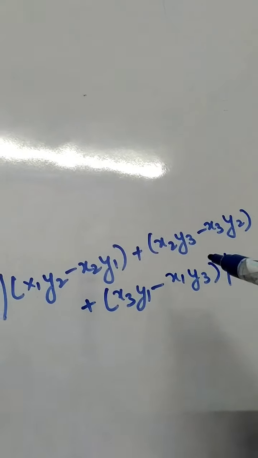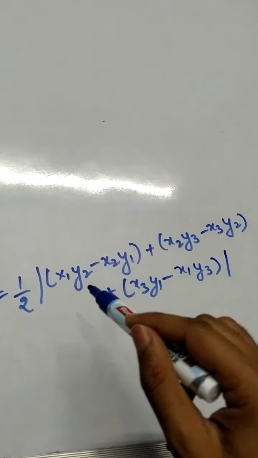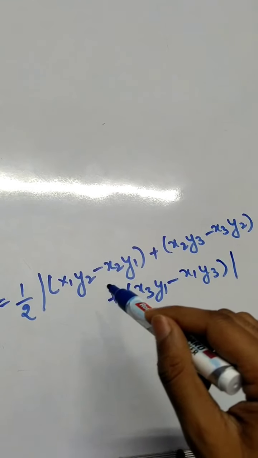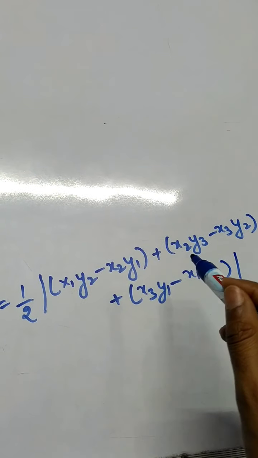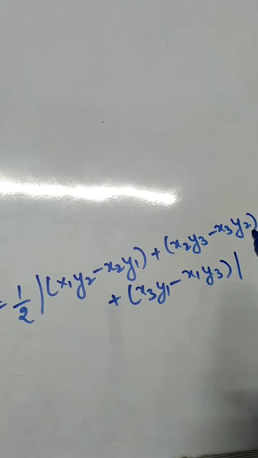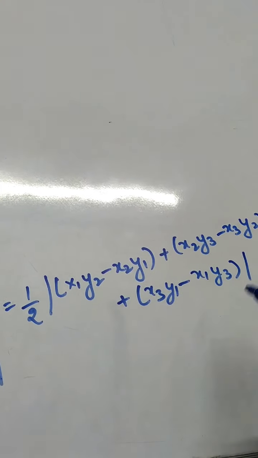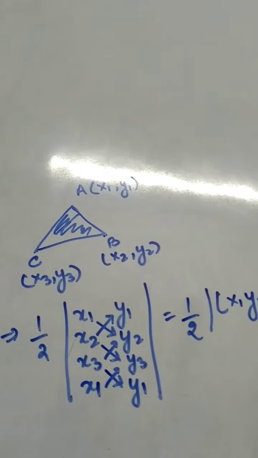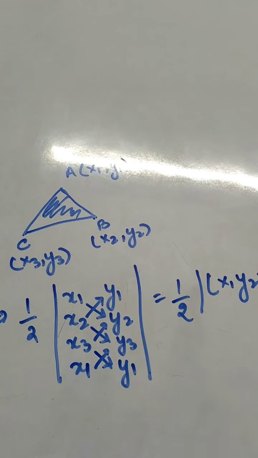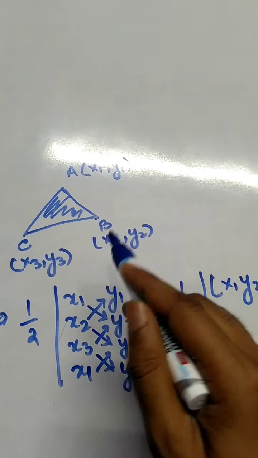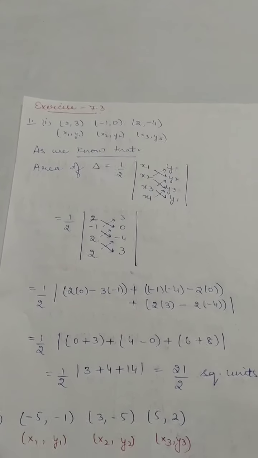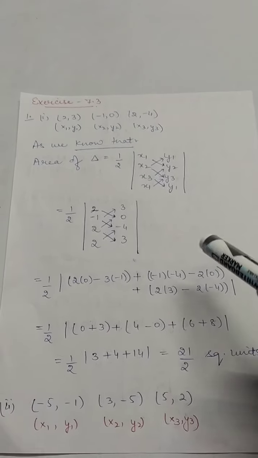This makes a formula, that is half of x1 y2 minus x2 y1 plus x2 y3 minus x3 y2 plus x3 y1 minus x1 y3 mod. This gives the area of triangle for three coordinates. We have used this formula in all the sums.